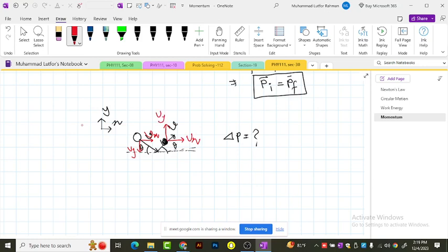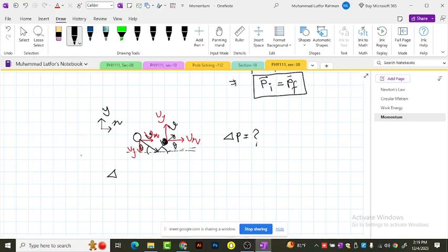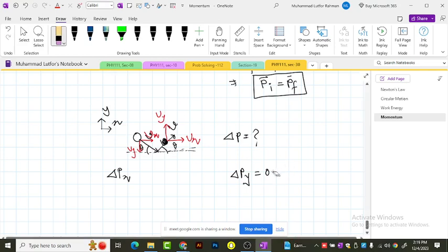Alright. Now I want to check what the change of the momentum along the x direction should be, and also the change of the momentum along the y direction of this system. It's not equal to 0, I have to check that one.